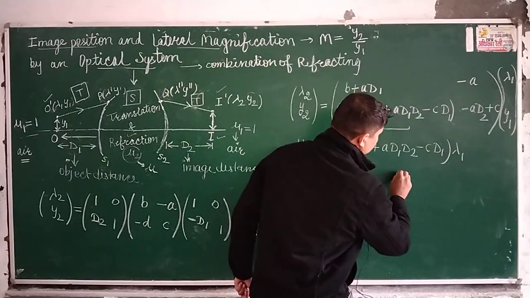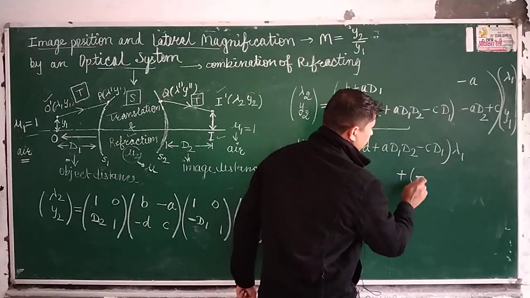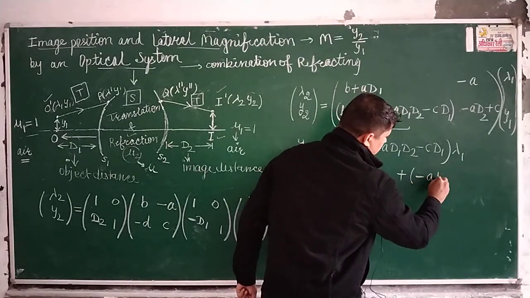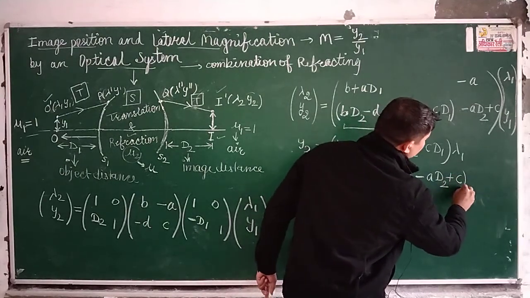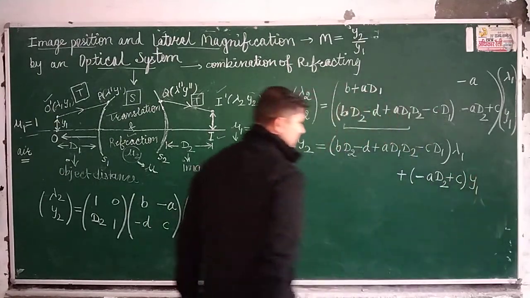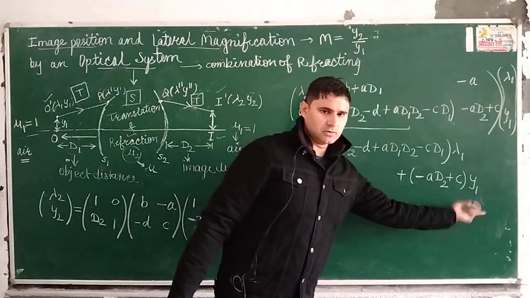So I am writing it here, taking the minus inside the bracket, minus a d2 plus c into y1. Okay, so this is how you can connect y2 and y1.